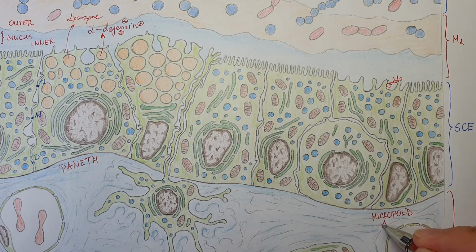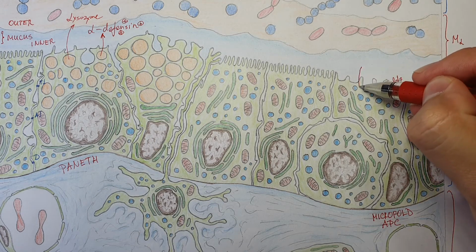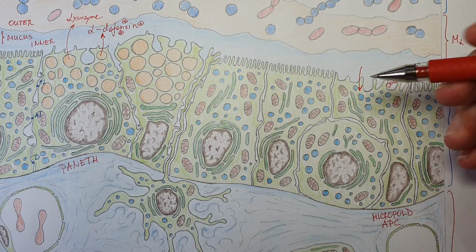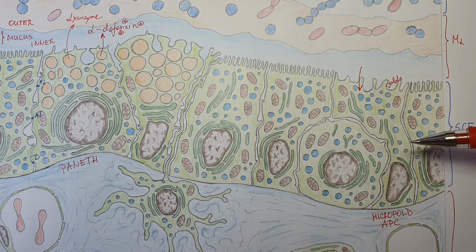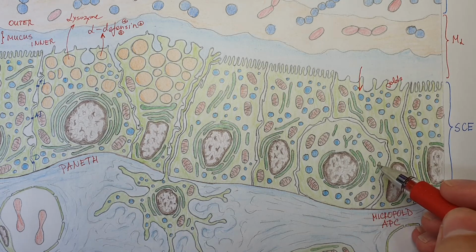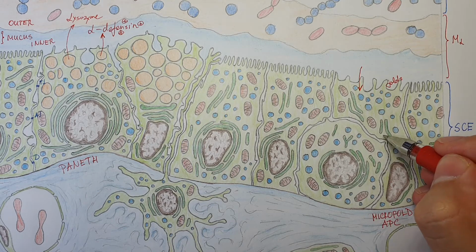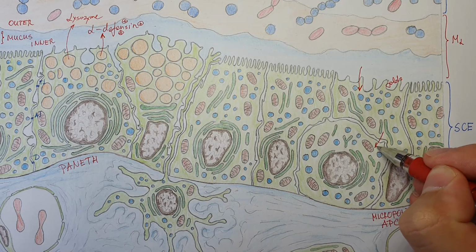So antigen presenting cells. These cells take up antigens from the lumen, and then they are actually presenting them to, for example, intraepithelial T lymphocytes.